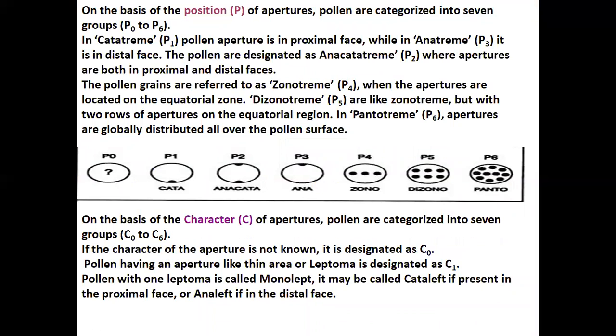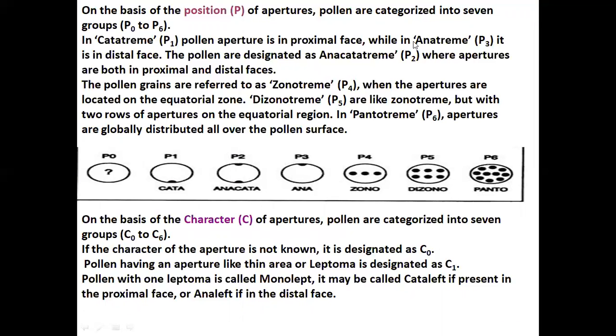Next, second criteria, on the basis of position of the aperture, pollen grains are categorized into 7 types or 7 groups that are designated as P0 to P6. In catatreme, the pollen aperture is on the proximal face. So in the catatreme, the aperture is located in the proximal pole.